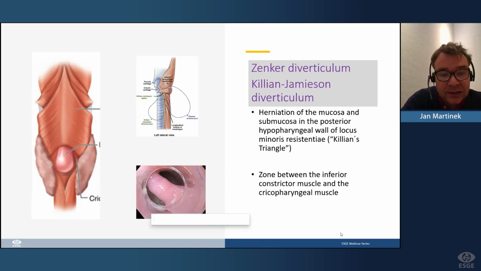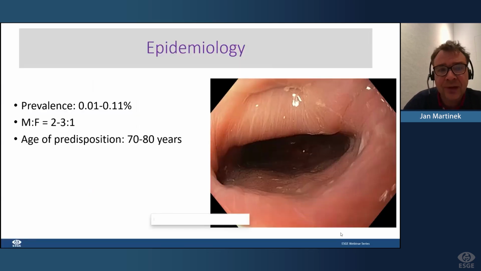And we can see in the image the typical endoscopic view of Zenker's Diverticulum. Please note that in the same area, but at the anterior side, there could also be the rare Killian-Jamieson diverticulum. So there are two options at the side to have two diverticula, but the Zenker is always at the posterior side.